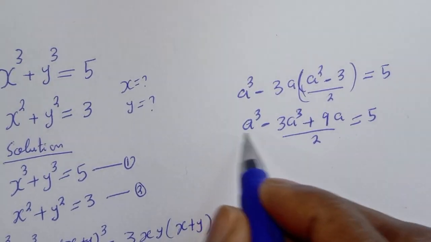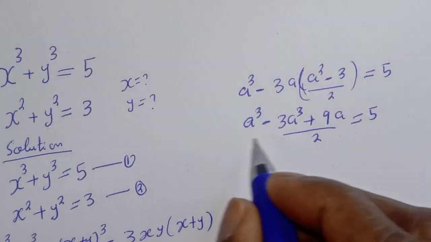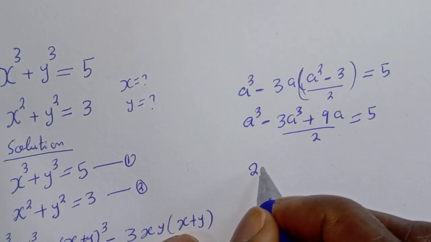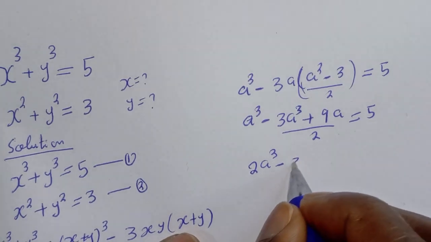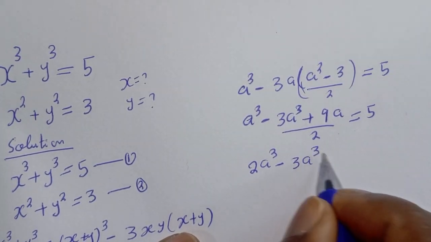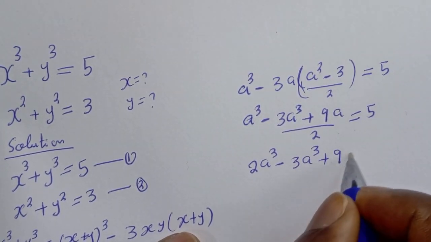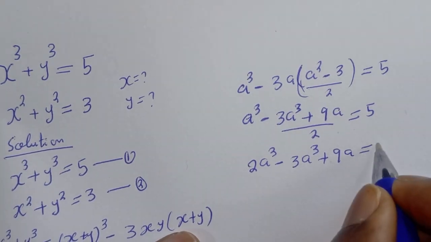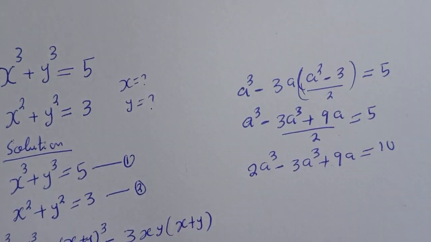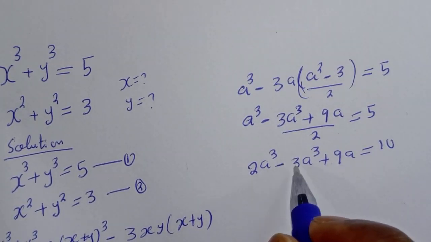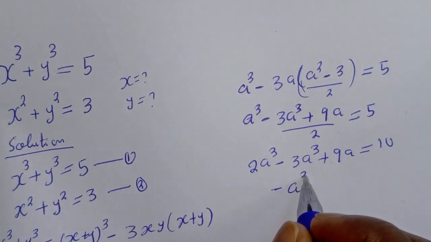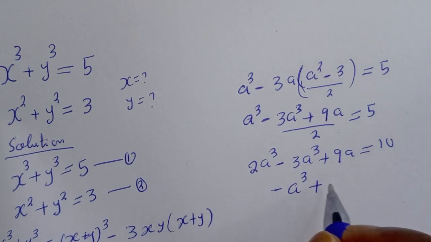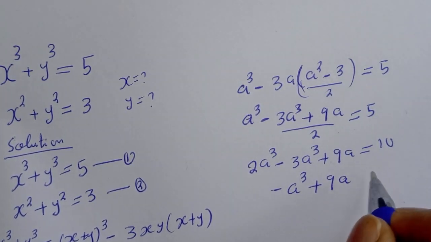So let's multiply all through by 2 in order to eliminate this 2. We have 2A raised to power 3 minus 3A raised to power 3 plus 9A is equal to 10. Now 2A raised to power 3 minus 3A raised to power 3, this is minus A raised to power 3 plus 9A.